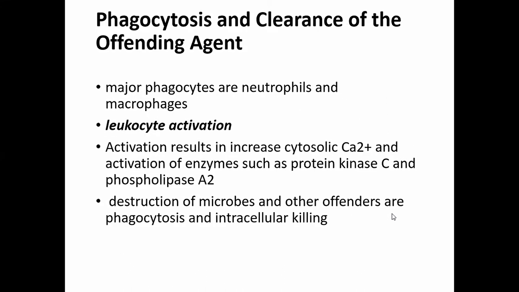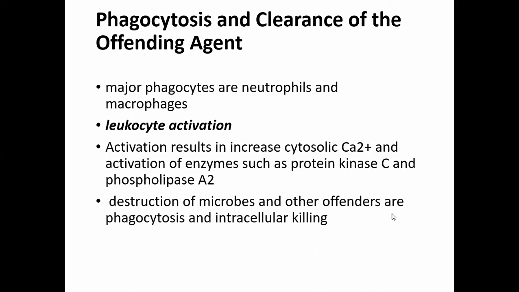The two major phagocytes are the neutrophils and the macrophages. These cell types share many functional properties, but they also differ in significant ways. The recognition of microbes or dead cells induces several responses in the leukocytes, collectively called leukocyte activation.